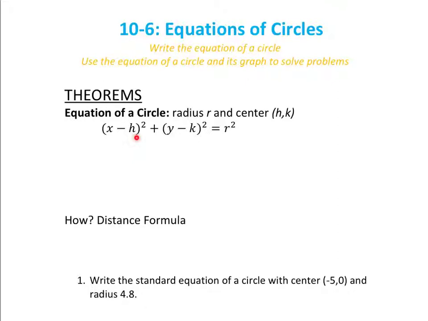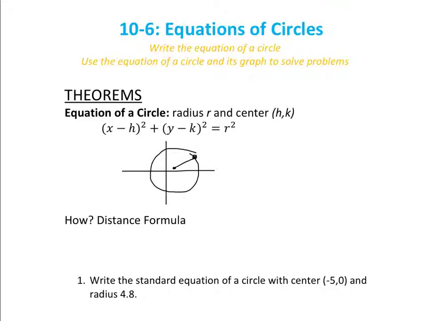Now, how this is derived comes from the distance formula. If I draw any circle here with a center h, k, then x, y is going to be any point on that circle.